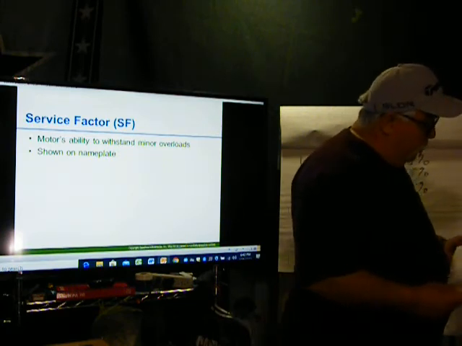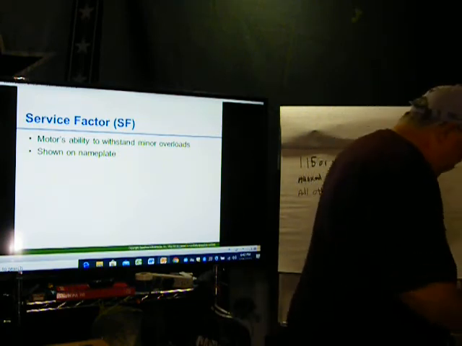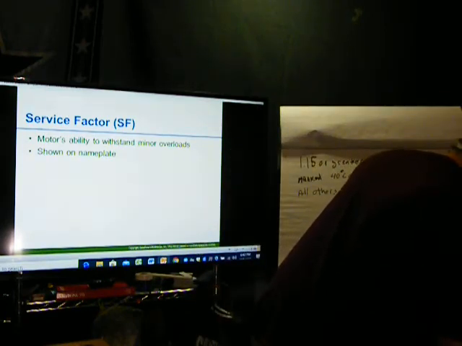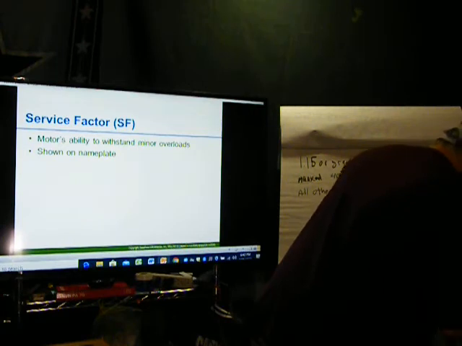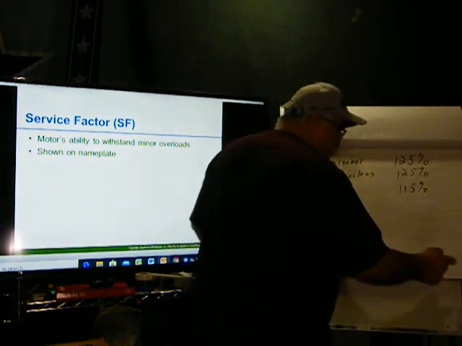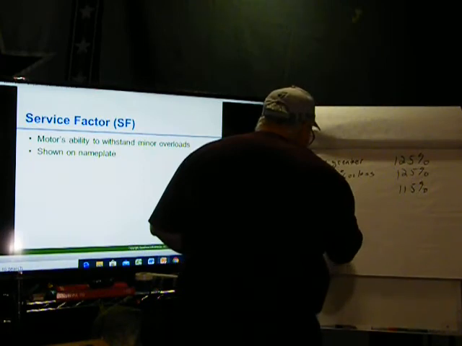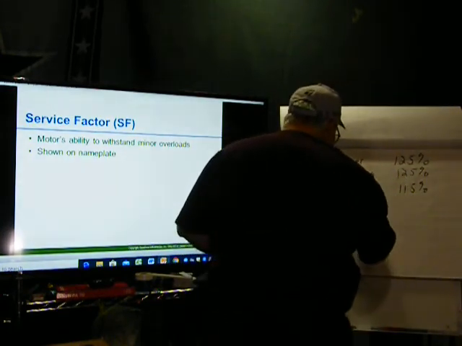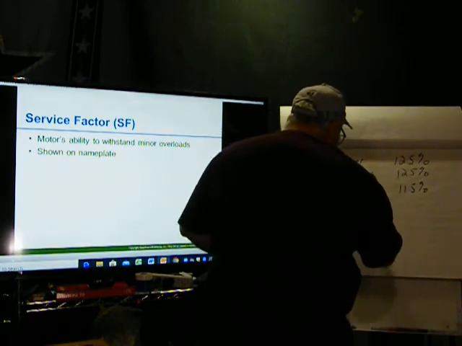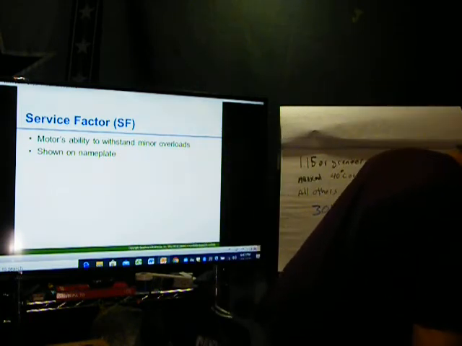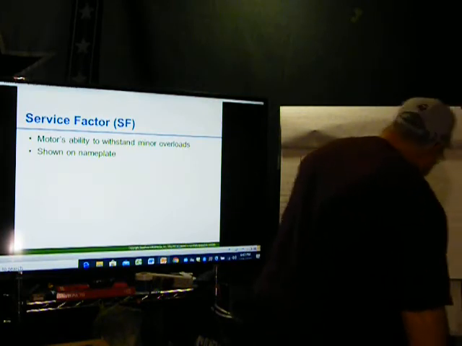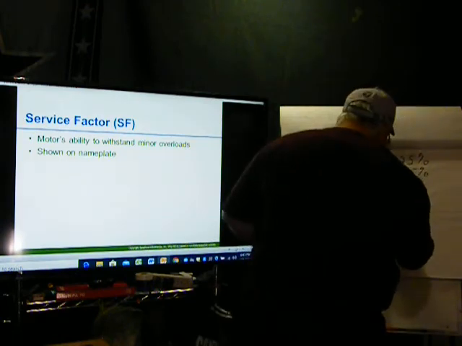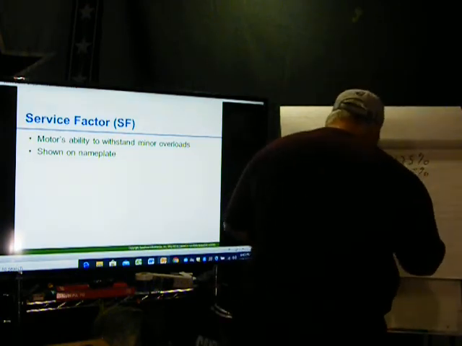The example they have here is a 30 horsepower motor, and they multiplied it by 125%, because this one has a service factor of 1.25, so they're using 37.5 horsepower.